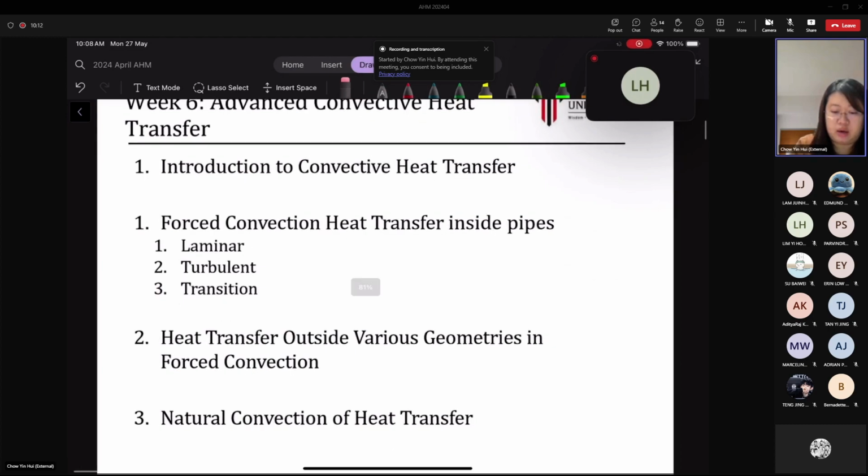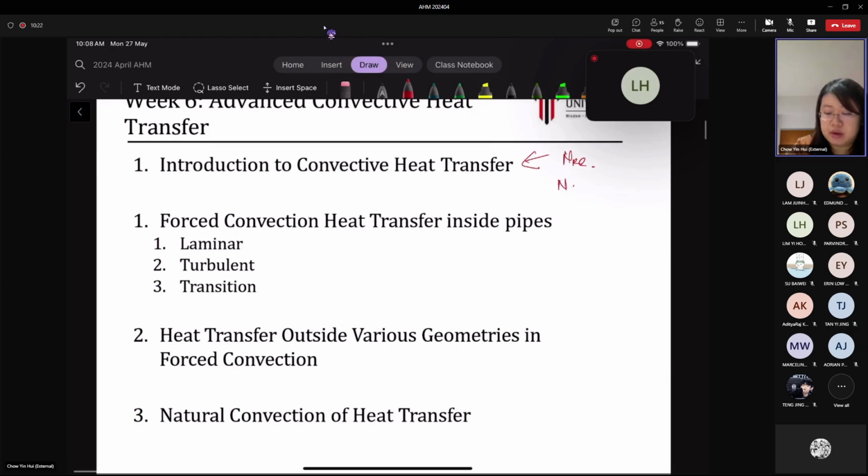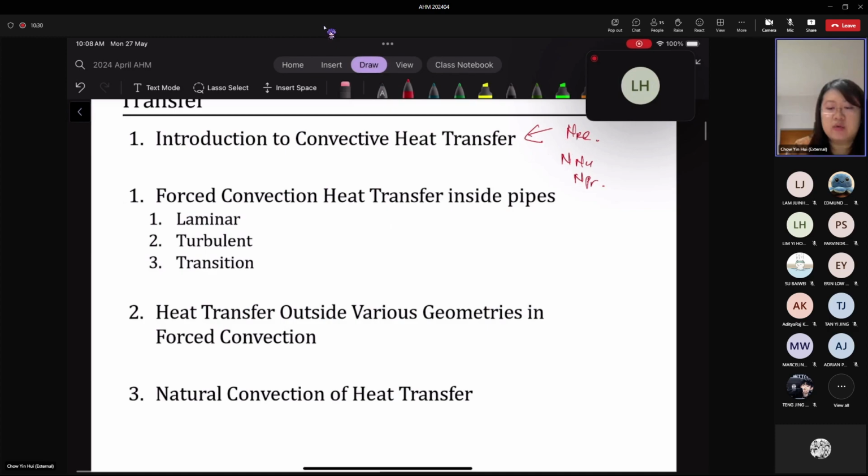For today, the first part you'll be introduced to a few dimensionless numbers, like the Reynolds number, the Nusselt number, and also the Prandtl number. Then our topic today will focus on the different correlations that we use to find the H value.